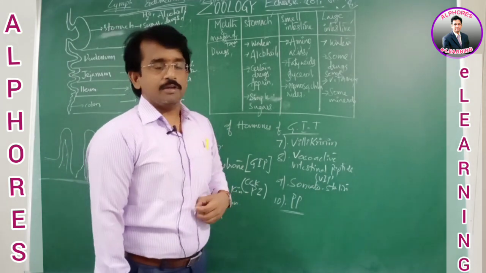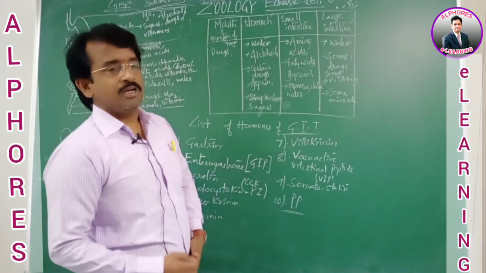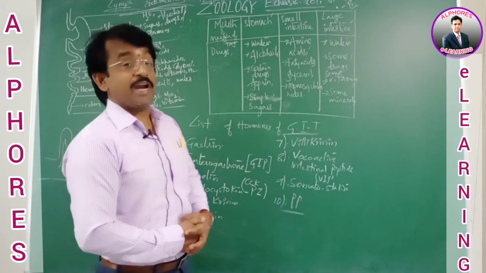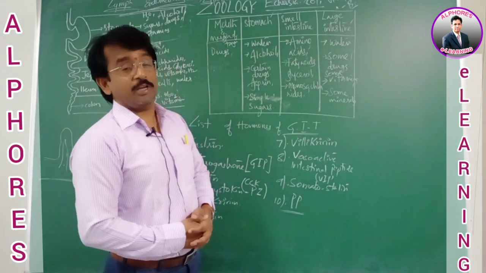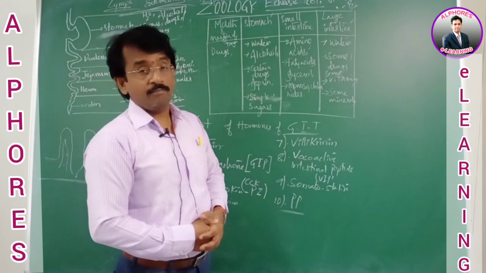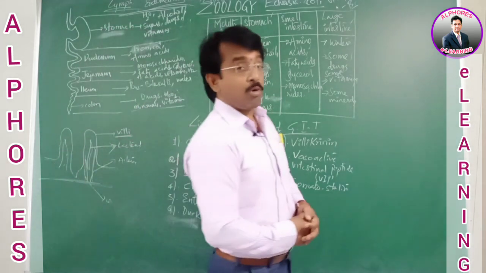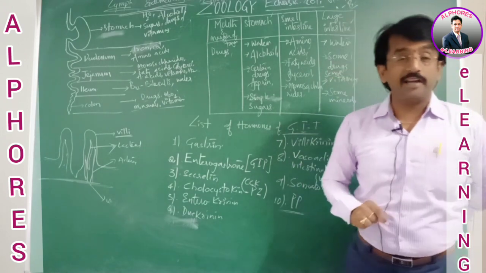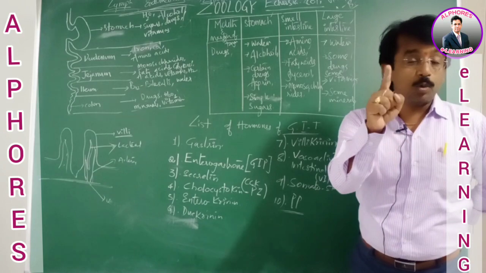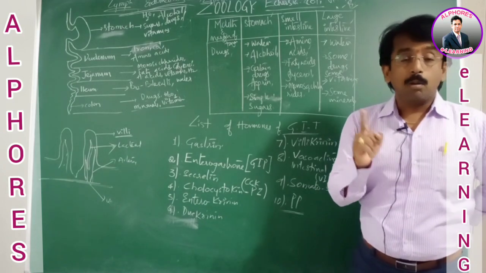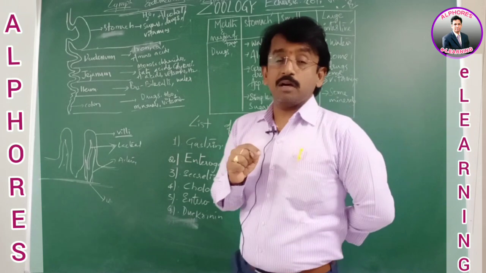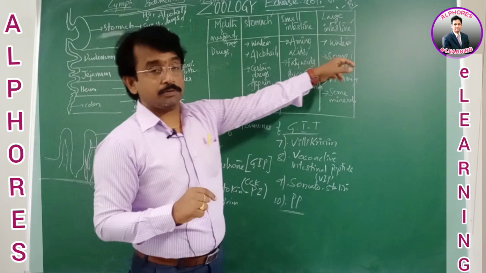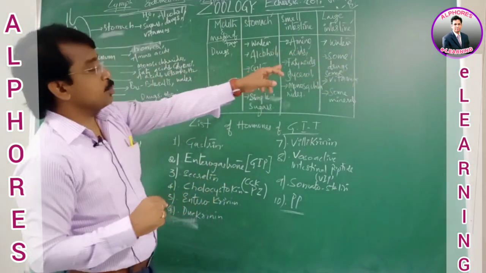In facilitated diffusion, the absorption of glucose and amino acids is aided by carrier proteins. Active transport is the transport of food against the concentration gradient, which requires energy, for glucose, amino acids and sodium. Whereas water is absorbed by osmosis, and we also discuss the absorption at the different parts.